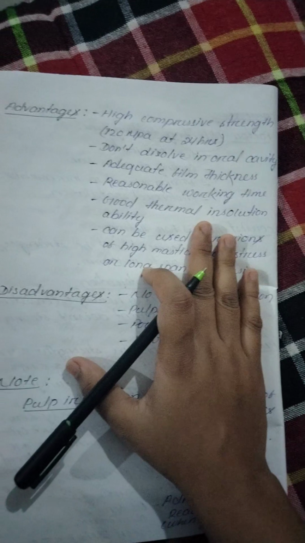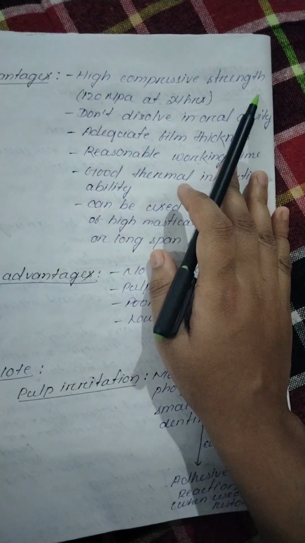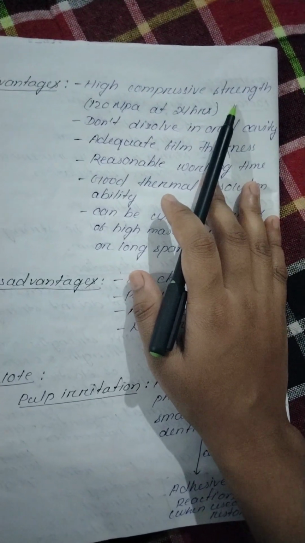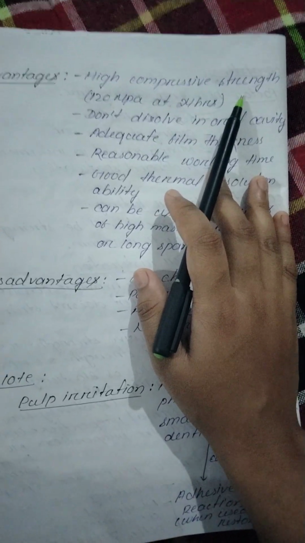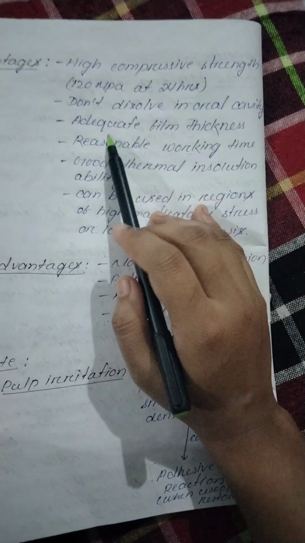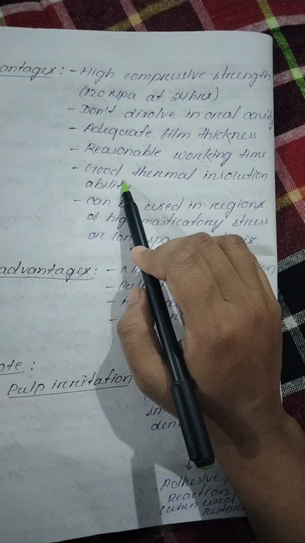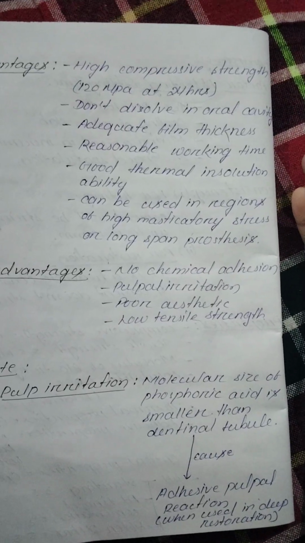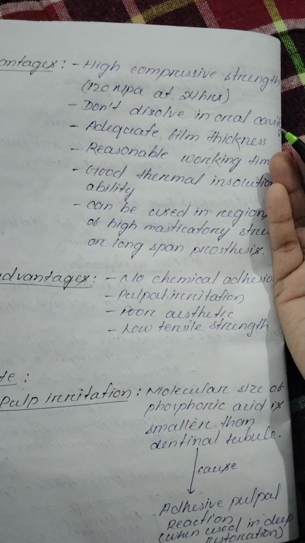Advantages of zinc phosphate. High compressive strength. At the start it has 104 MPa compressive strength, but after 24 hours it becomes 120 MPa. It doesn't dissolve in the oral cavity. Adequate film thickness. Reasonable working time. We can increase working time by prolonged spatulation and increasing the powder liquid ratio.